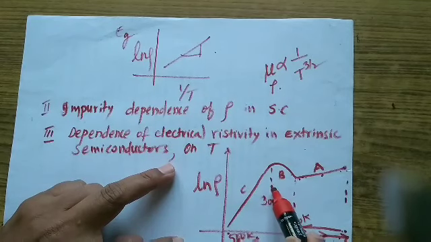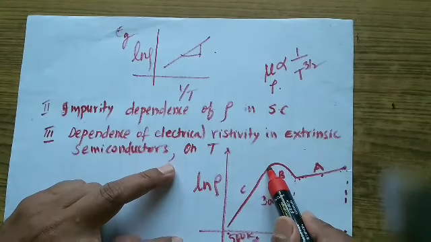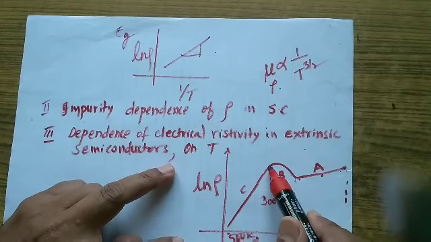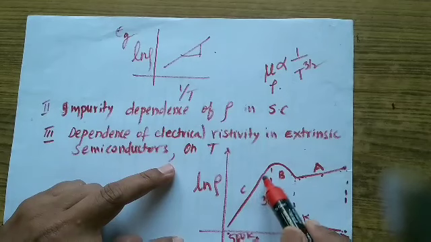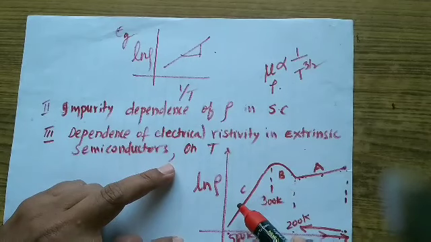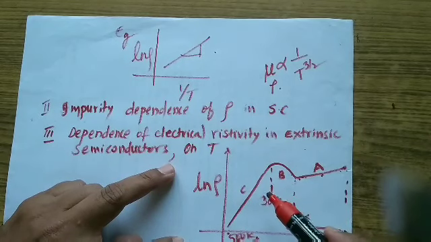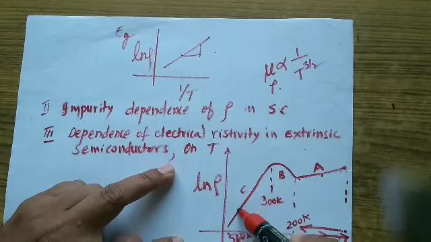As soon as the temperature reaches a higher value, typically 300 degree Kelvin, now intrinsic atoms will start releasing the electrons. If the intrinsic atoms release the free electrons or conduction electrons, again the resistivity will start falling. The conductivity will start increasing. So this is how the resistivity again starts decreasing with increasing temperature.